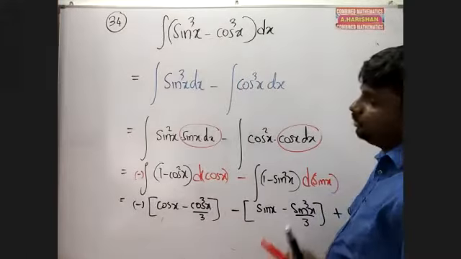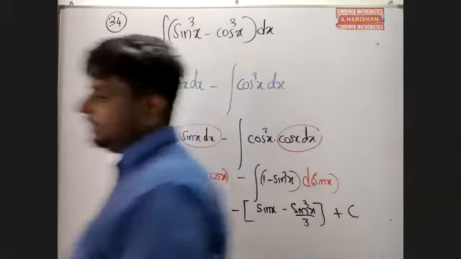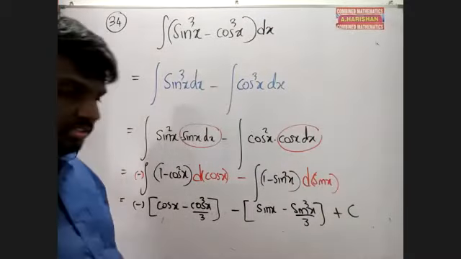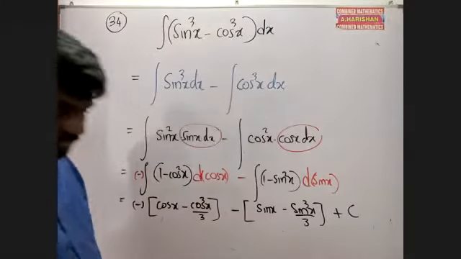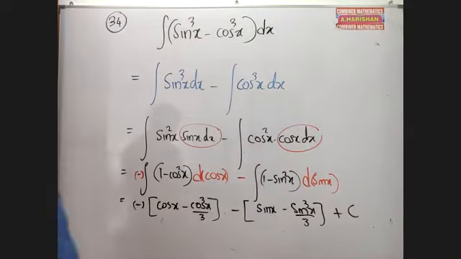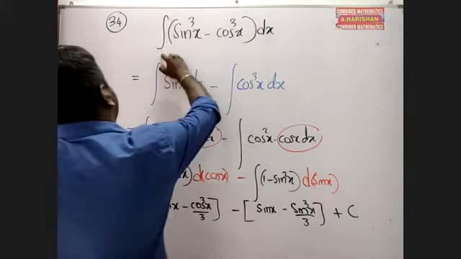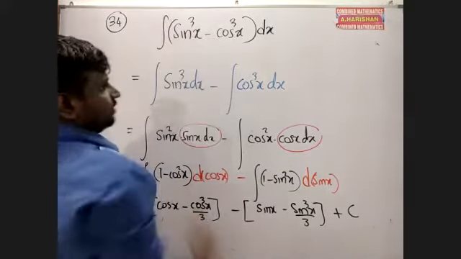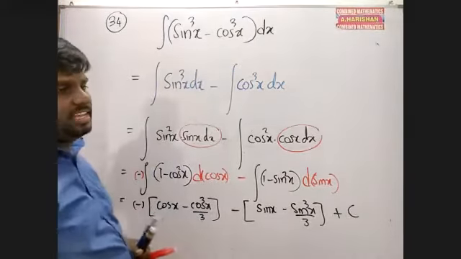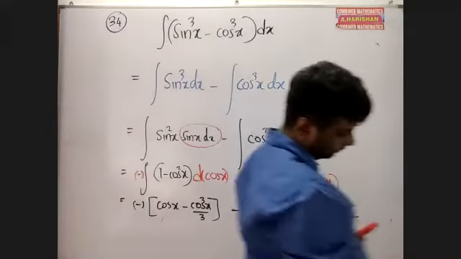Okay, so 34th question. Just copy this. That is almost the 2012 question. In 2012, they put the limit here, 0 to 5. So I will teach what the limit is there. That is definite integrals.